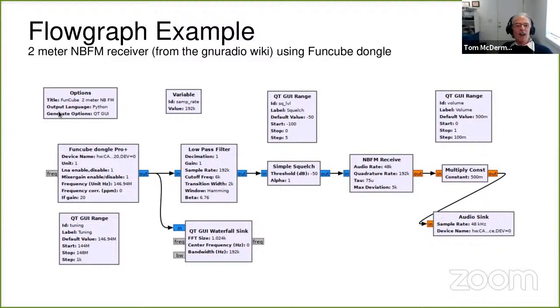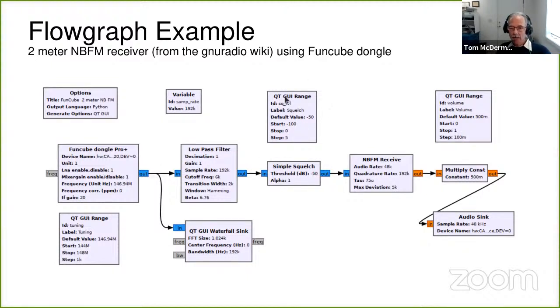And you notice these other blocks like options. This will tell you what the options are. You can give it a title. We have a variable called sample rate, which is set at 192,000 samples per second. That's the rate that the samples come out of the FunCube dongle and go through the rest of the flow graph.